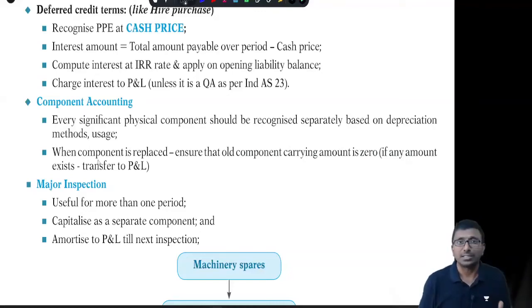Next, if there is any major inspection, generally inspection, repairs and maintenance will be charged to P&L. But if there is a major inspection which will be useful for more than 12 months, under that circumstance you capitalize it as a separate component and amortize it over the period that the inspection will be useful to you.